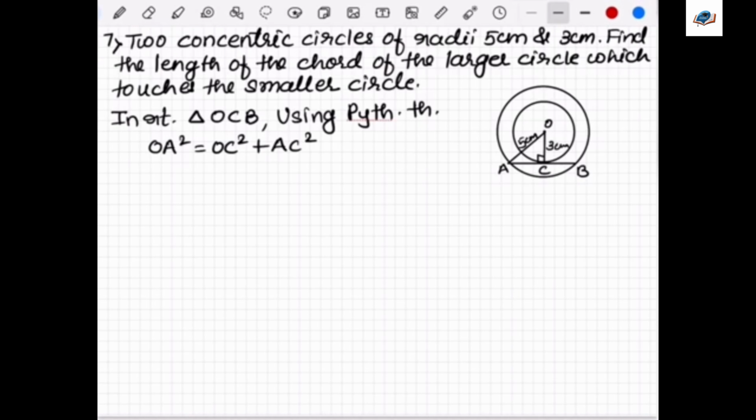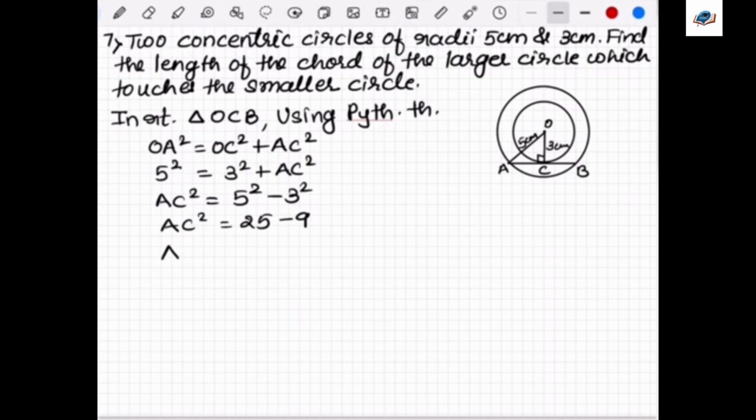So OA is 5, so 5 square equal to OC is 3 square plus AC, I don't know, so plus AC square. So AC square will be equal to 5 square minus 3 square. So AC square equal to 25 minus 9. So AC square equal to 16. So AC square equal to 4 square. Therefore, AC equal to 4 centimeter.